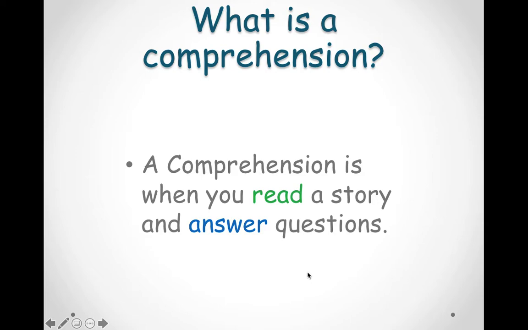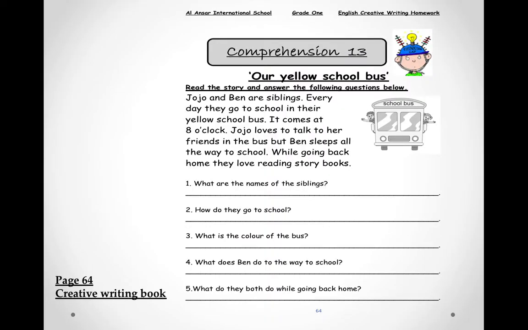So today you are going to read a story and answer the questions. Now this is the school resource that you need. It is in your creative writing book on page 64. Now if you do not have your book, you can always copy this page and print it out, or you can complete it on the computer.